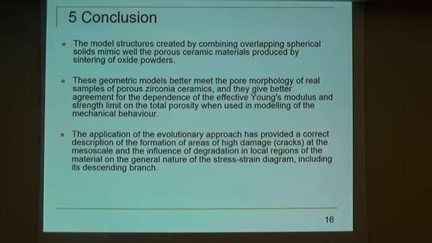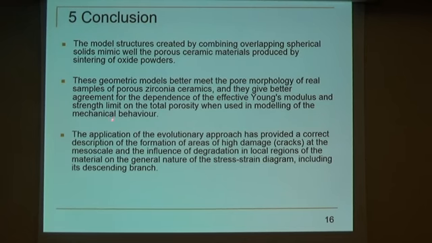Well, with this I'd like to conclude and say that the model structures created by combining overlapping solid spheres represent well the porous ceramic materials produced by sintered oxide powders. These geometric models better match the pore morphology of real samples, for example, for zirconia ceramics based on nanopowder material.